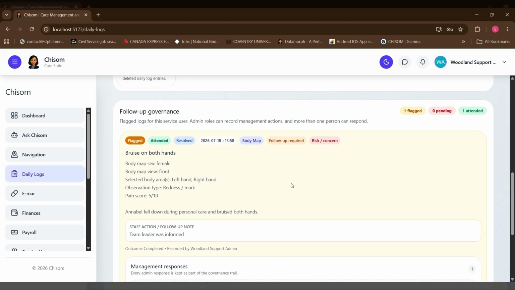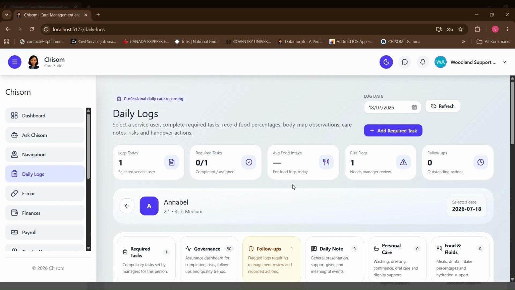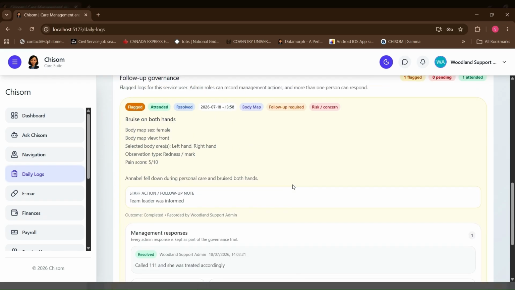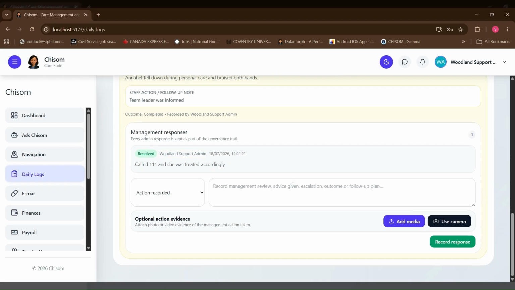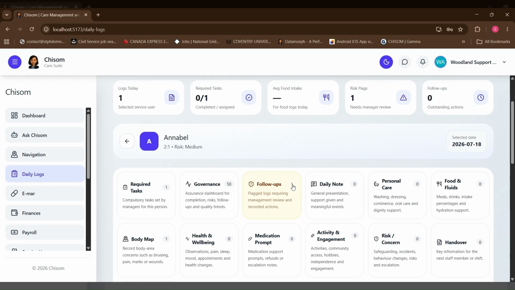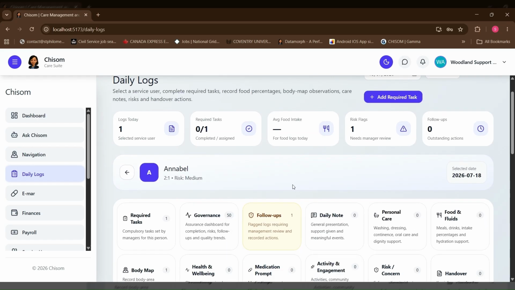So if there's an incident, what happened? Was it flagged? Did the staff flag the incident? And if it was flagged, what did management do concerning it? So that's the essence of that. Now this was flagged by staff and this is management response. And you can actually have different management respond on it. Like I said, this is row level.